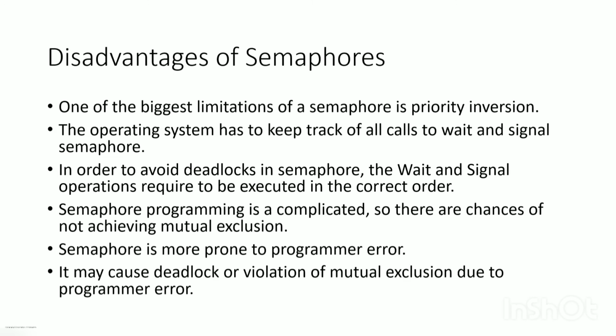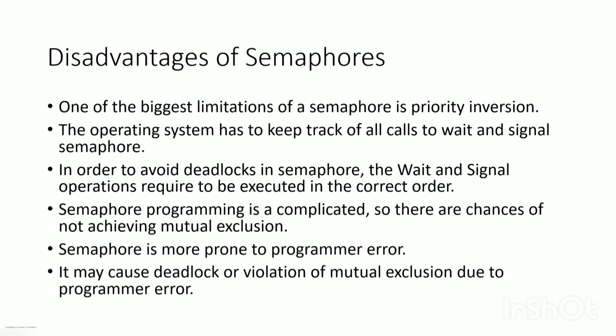Now the disadvantages. One of the biggest limitations is priority inversion. Let us take the case of mutex itself. Consider that a low priority thread has acquired the mutex and is using the critical section. At that time, a high priority process comes to access the critical section. But since the mutex is unavailable, the high priority process will go to a waiting state, because we all know that mutex has a property called principle of ownership.